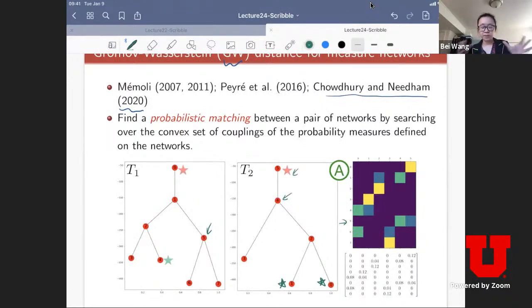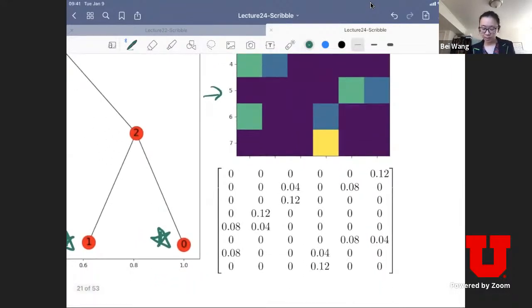So in some sense, if I read every single row, I have some sort of probability coupling. And this matrix, this coupling, has an interesting property. If I sum over each row, this is 0.15.